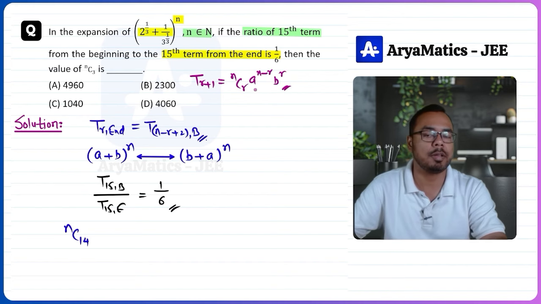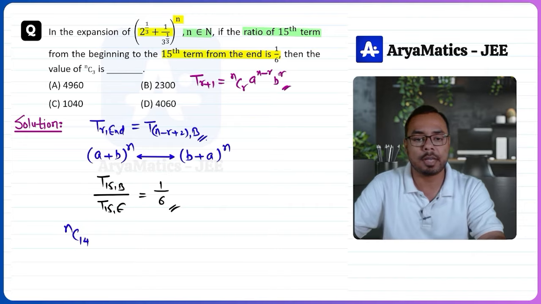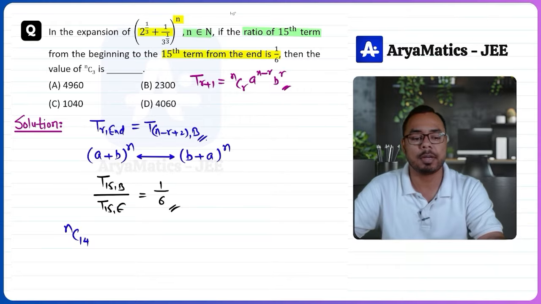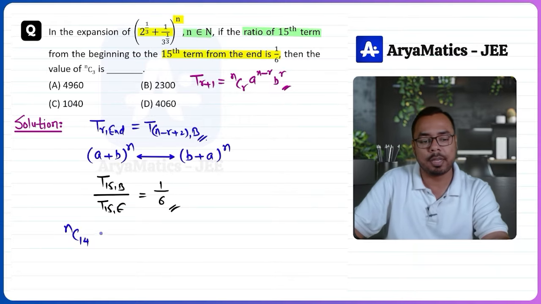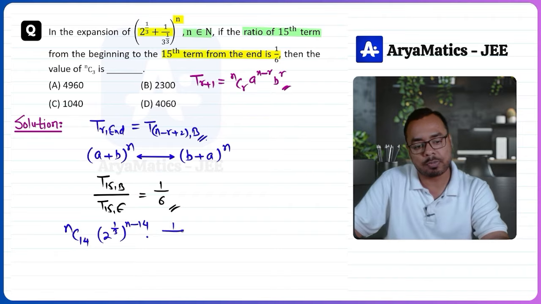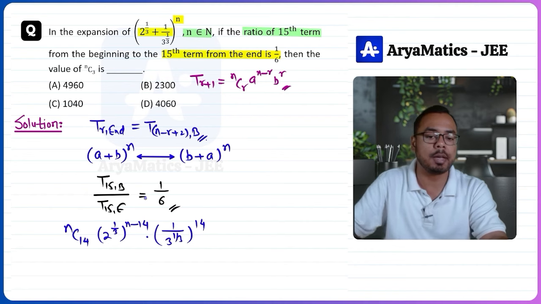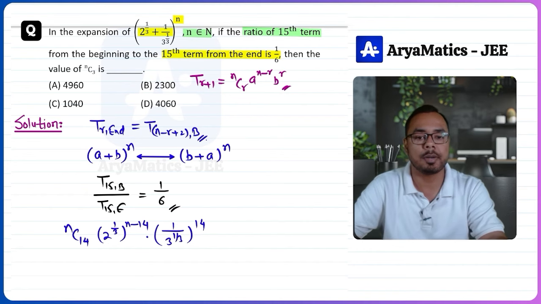This is the standard formula for finding a particular term from the beginning. So the 15th term from the beginning will be nC14, then the first term 2^(1/3) raised to n - 14, and then the second term (1/3)^(1/3) raised to 14. This is the 15th term from the beginning in the binomial expansion.